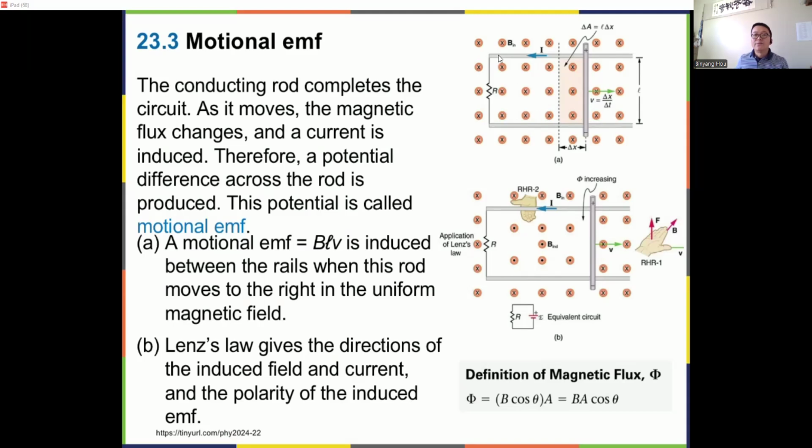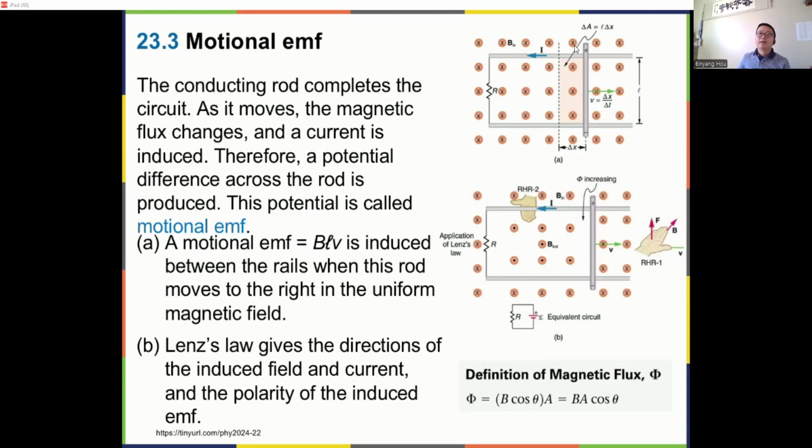So let's take a look at this figure over here. You have two metal rails, and this bar can move freely on the rails, and there's a resistor here. So in this case, the bar, the two rails, and this resistor consist of a coil in a rectangular shape. Now, if this bar is moving to the right, the area of the coil is increasing.